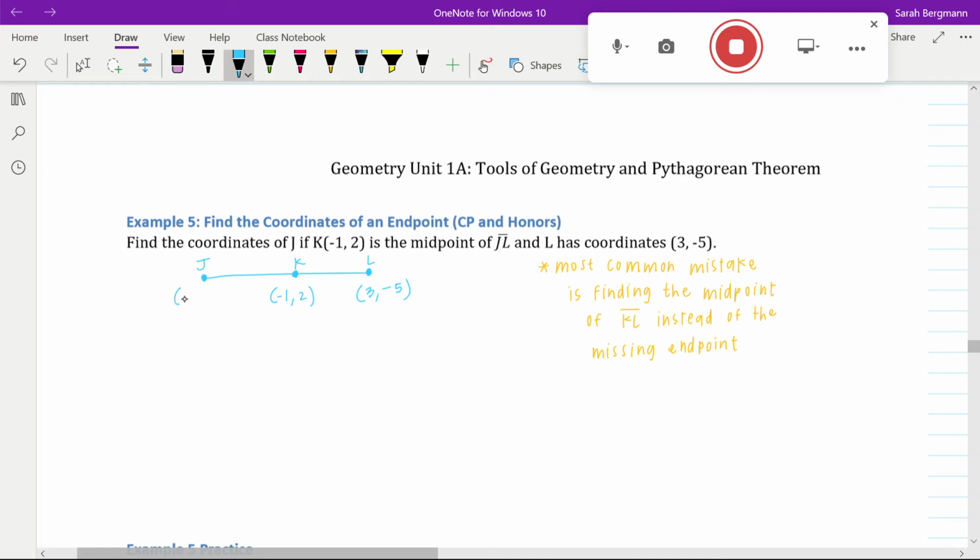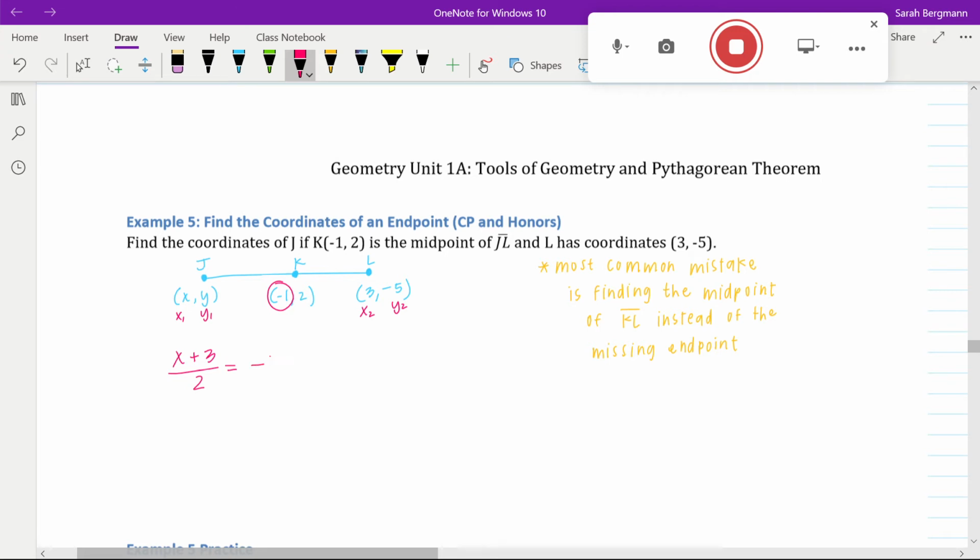I'm looking for the coordinates of J, so I'll just call the coordinates x, comma, y. Now I know for the midpoint, the formula is x1 plus x2 over 2 and y1 plus y2 over 2. So for the x's, I would have x plus 3 divided by 2 giving me the x coordinate of the midpoint.